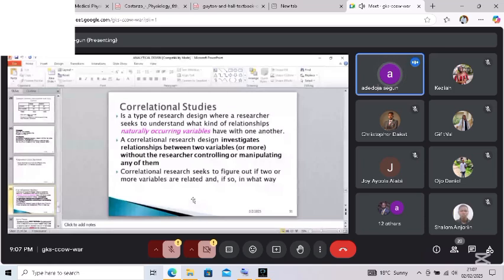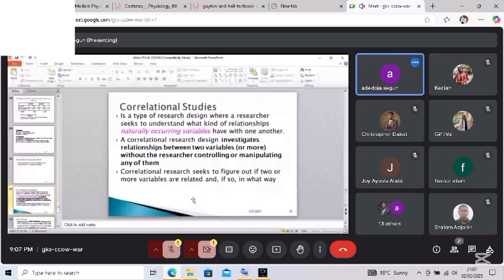Anytime we are manipulating or controlling or making an intervention, we are not doing observational again, we are doing experimental. So correlational research seeks to figure out if two or more variables are related, and if so, in what way. That's the essence of a correlational study, to see whether there is some level of association, whether one variable correlates with another variable, and how.